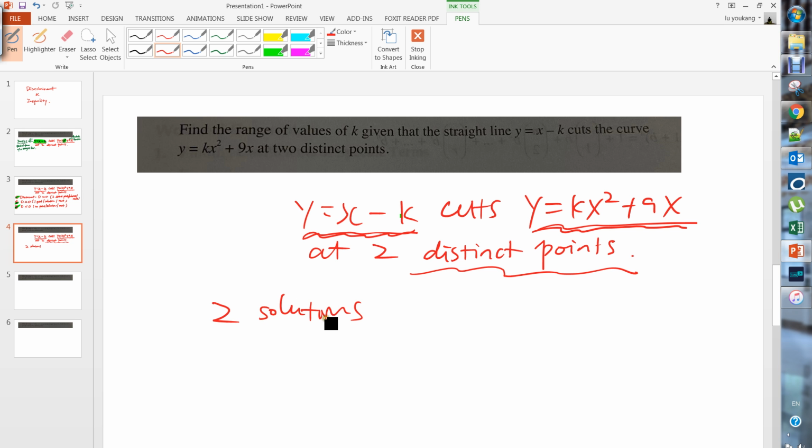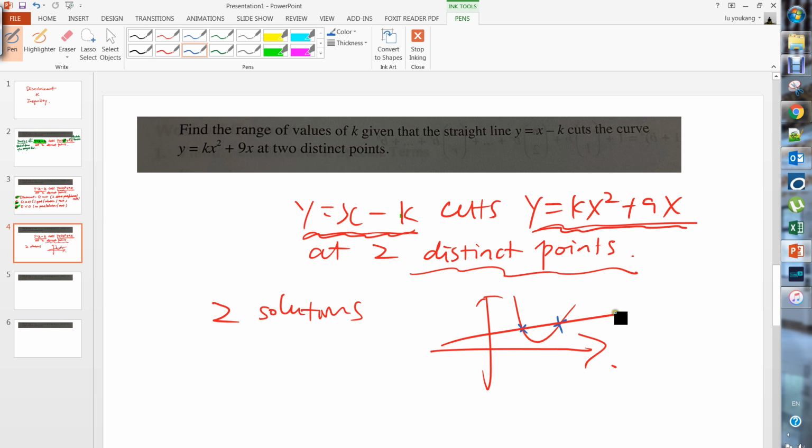When you have two solutions, graphically, if you were to draw it out, let's say you have a curve and you have a straight line, this shows that the straight line cuts the curve at two distinct points. This is what it means graphically, but this is not what we want to find out.